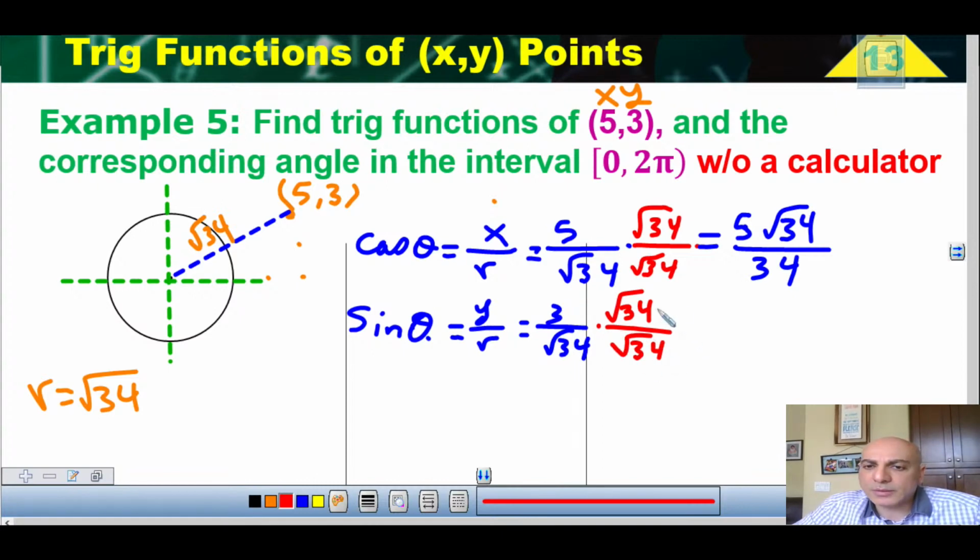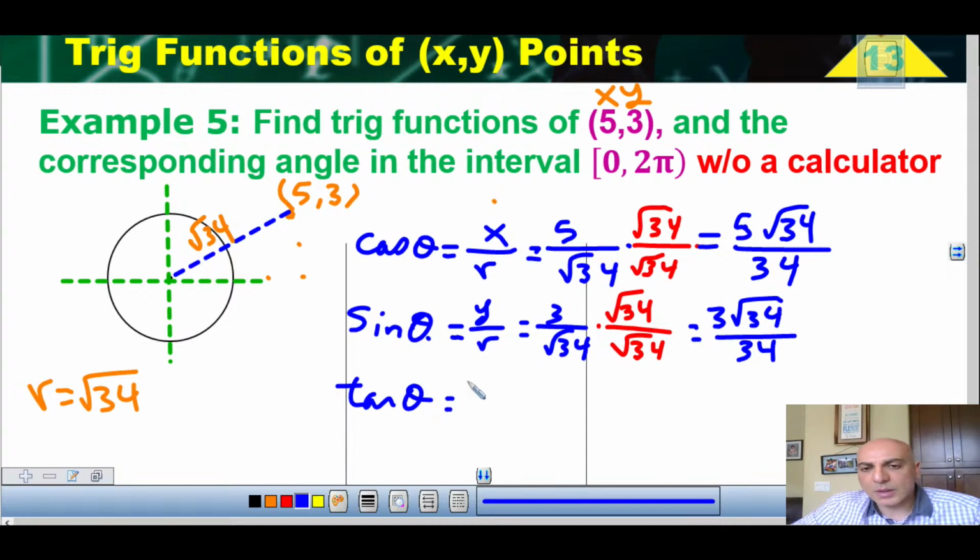And also, you're not changing the value of the equation because you're just multiplying by 1. This thing divided by itself is 1. It's kind of fooling the system. So this is 3 square root of 34 divided by 34. Okay, tangent.